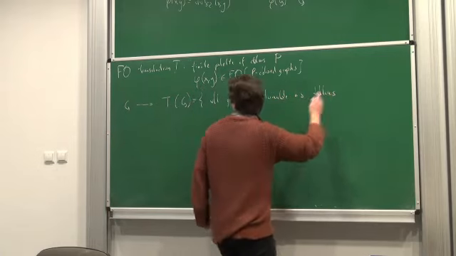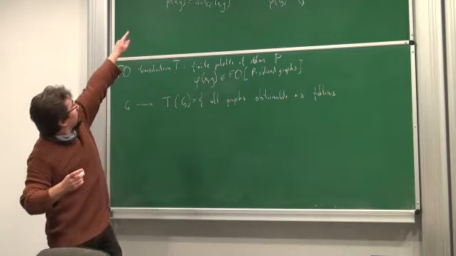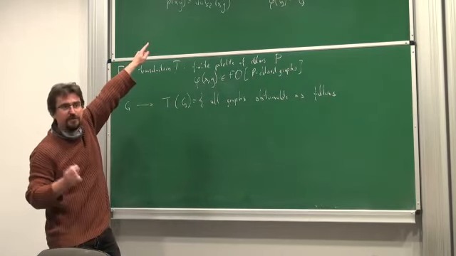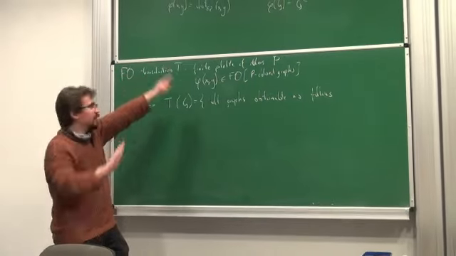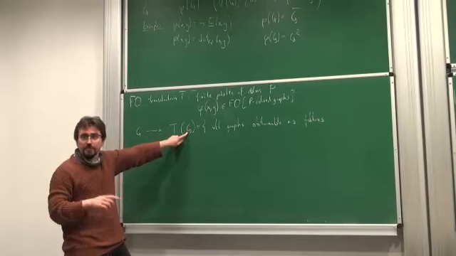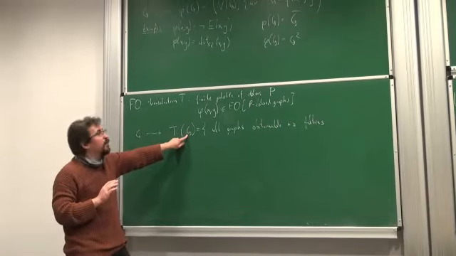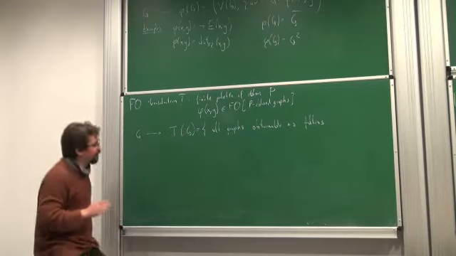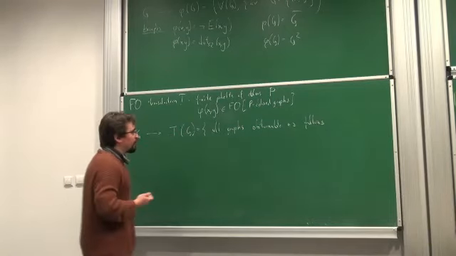Even though applying a single formula to a graph was deterministic, where you know what the result is, here instead of one single output we will have multiple different outputs. So a transduction is inherently a non-deterministic process. So, all graphs obtainable as follows.